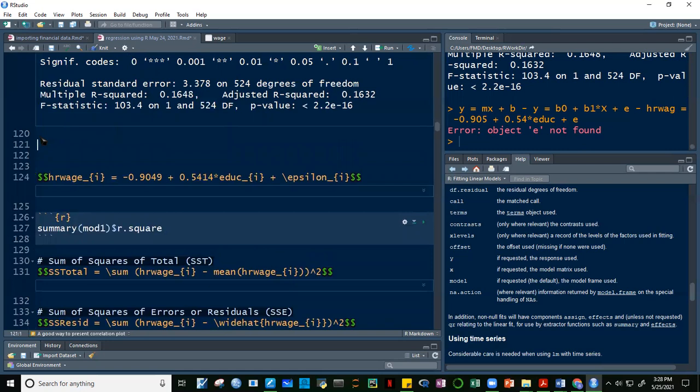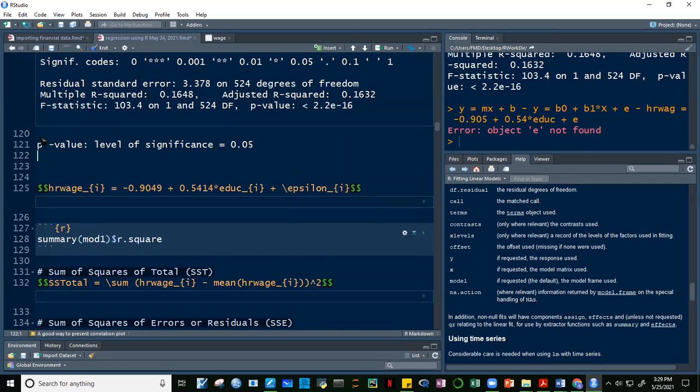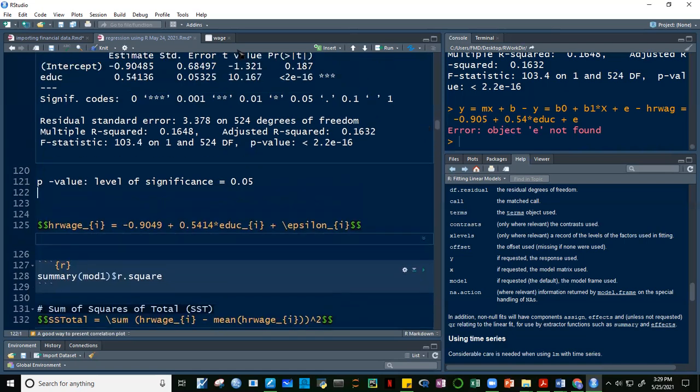Okay. As regards p-value, ang usual na level of significance is equal to ilan, guys? 0.05, di ba? So what we're going to do is to compare the probability, this p, with 0.05.